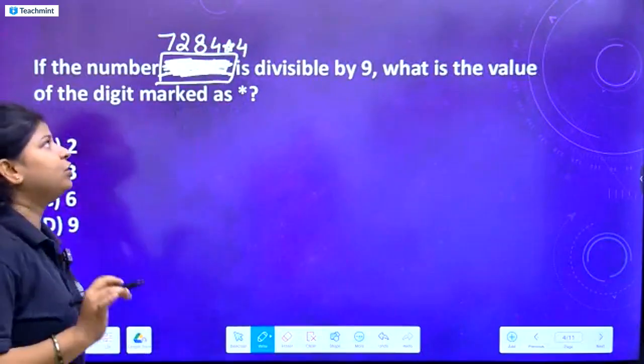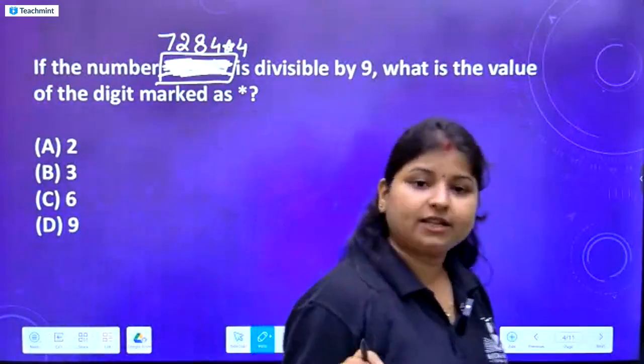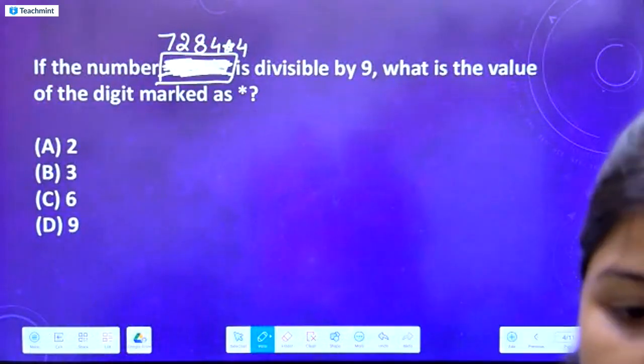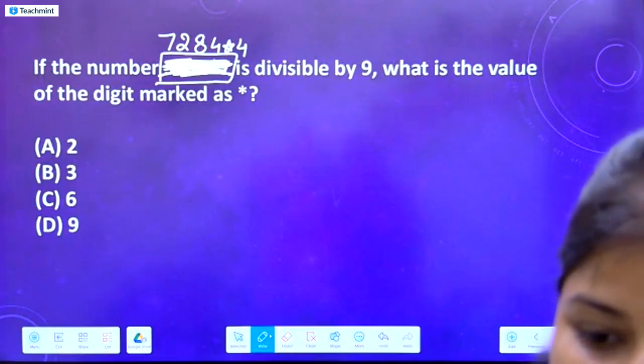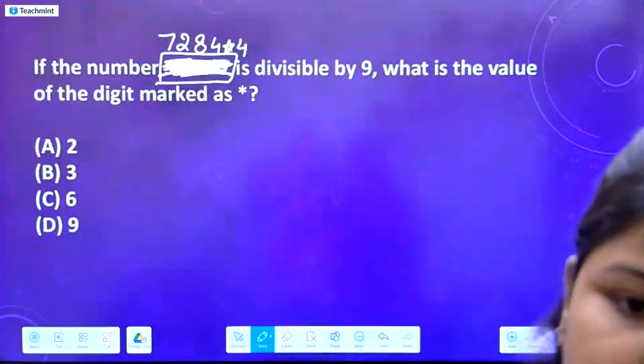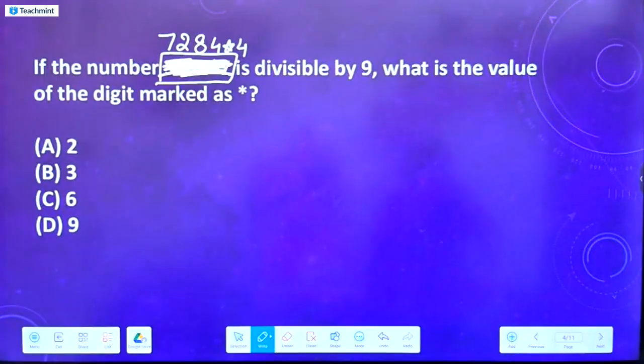Okay, I have given you 7, 2, 8, 4, and then star and then 4. Same question, only the digits have been changed. Tell me now. Hope everyone gives me the correct answer.